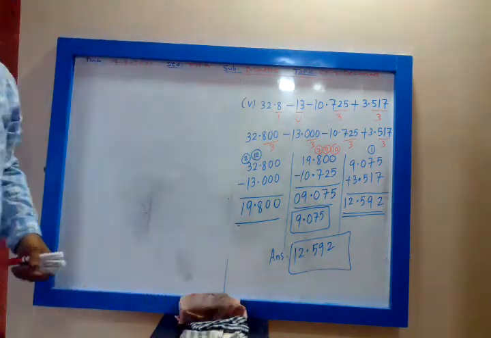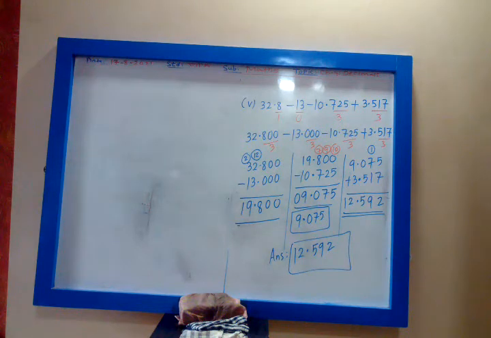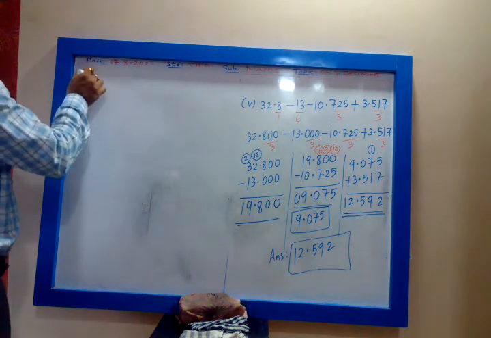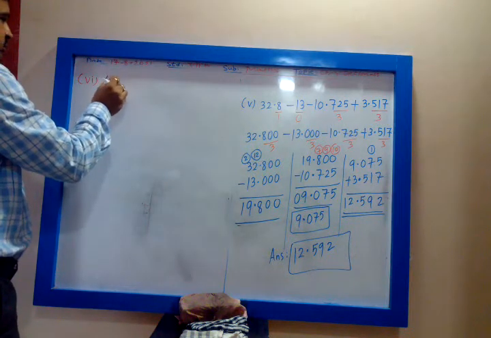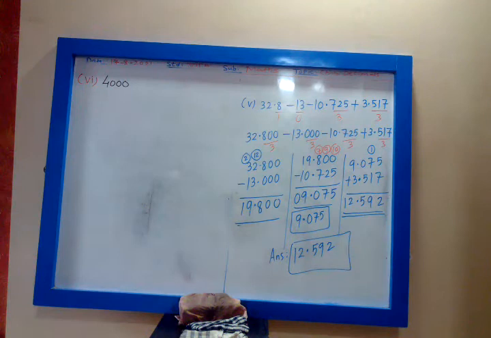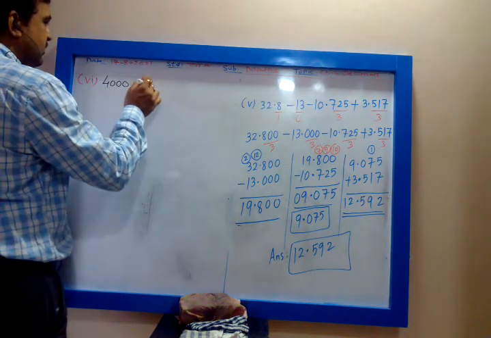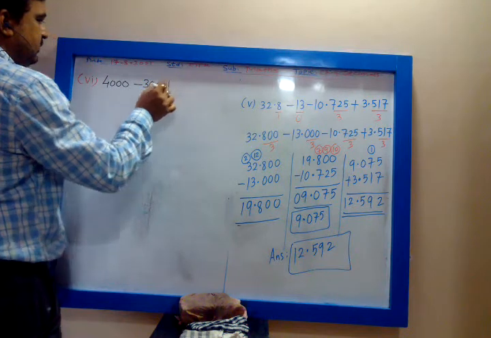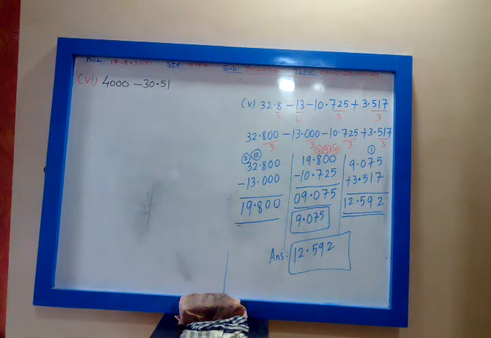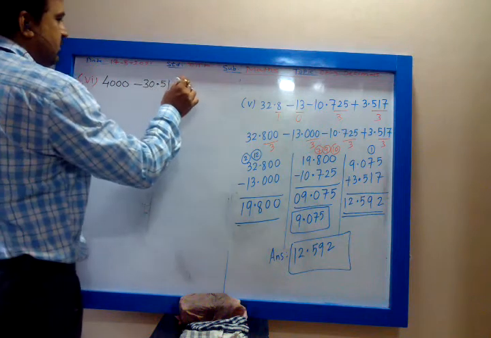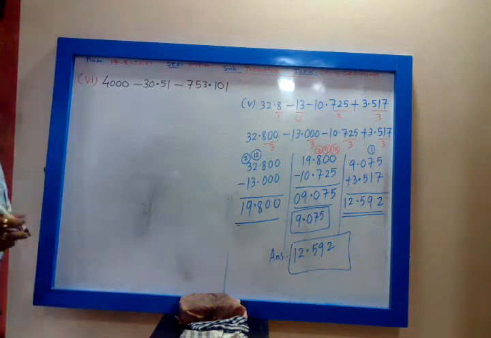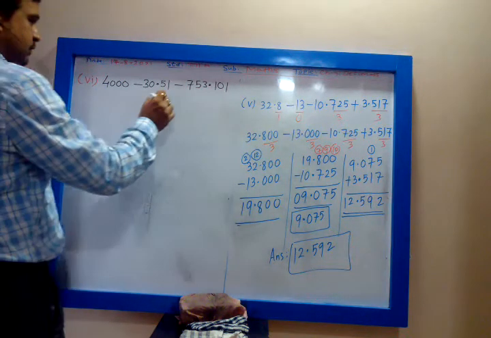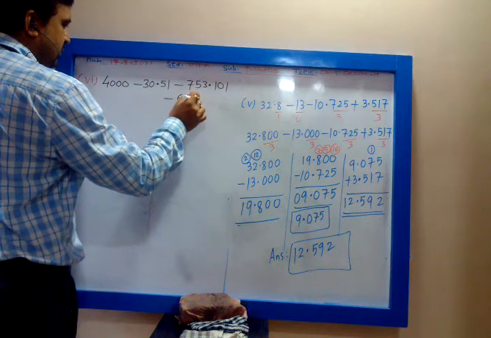Chalo, next. 5th we did. Now 6th one: 4,000 minus 30.51 minus 753.101 minus 69.43. Should I solve this?